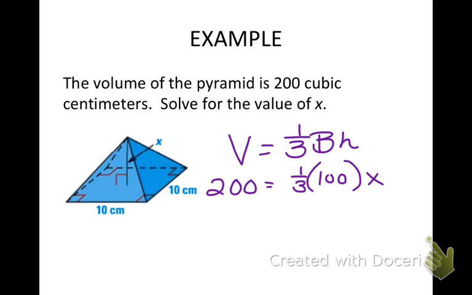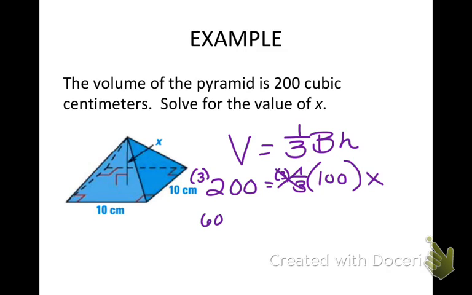Is it easy to take 1/3 of 100? Well, it's going to be a decimal, 33 and a third probably. So instead of dealing with decimals, what would be an easy way to get rid of this fraction? Multiply by 3, so that would cancel out. Multiply over here by 3.